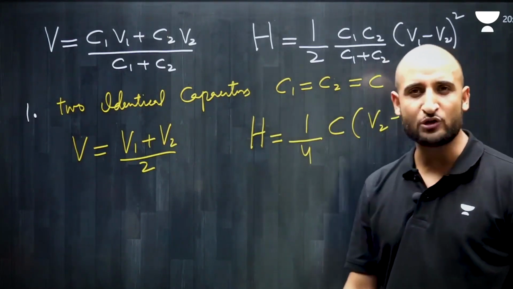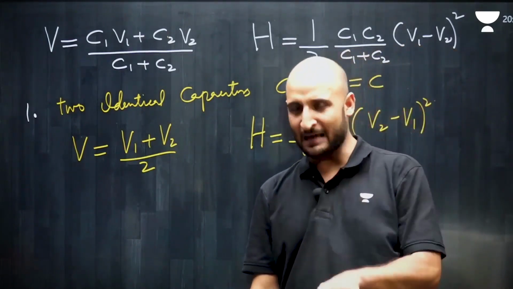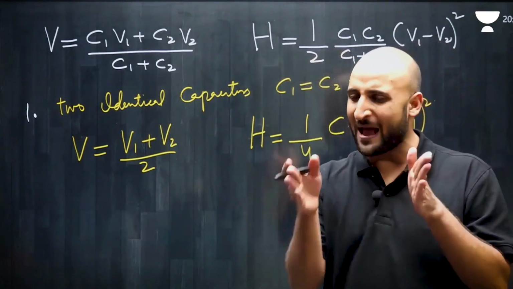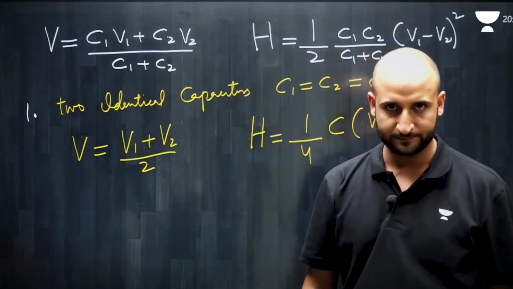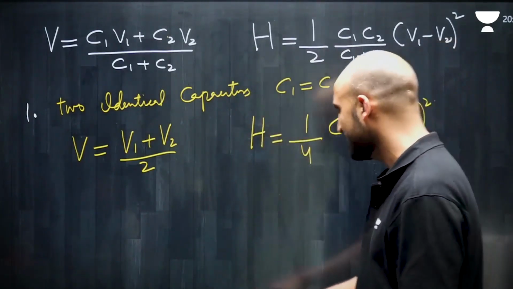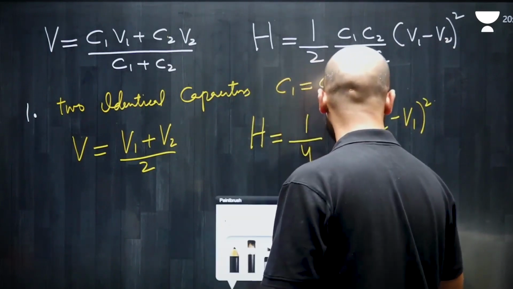This is the amount of heat dissipated when the capacitances of the two capacitors are the same. That's my case number 1. Maybe you will require it somewhere. Let's move to case number 2.